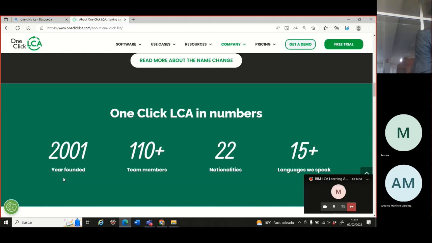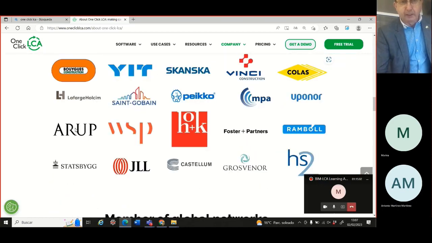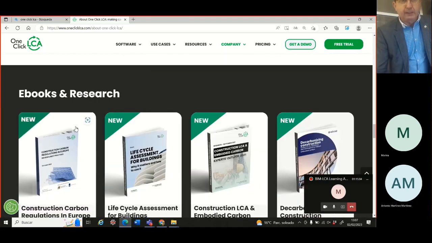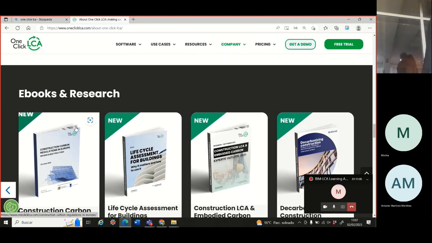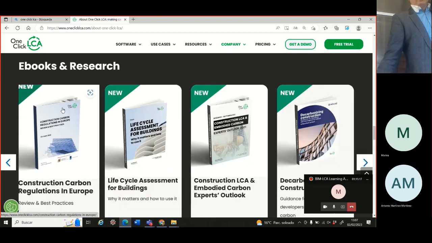Also, why I'm showing this is the fact that you can find ebooks here. If you're really interested in finding more about LCA, these are free ebooks that you can download.